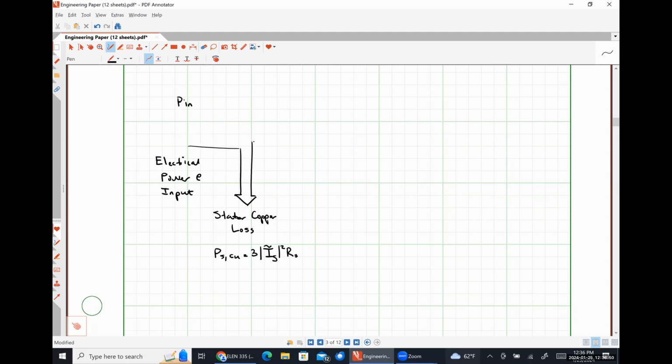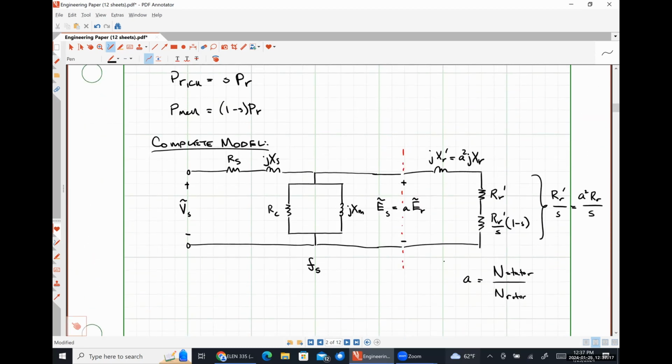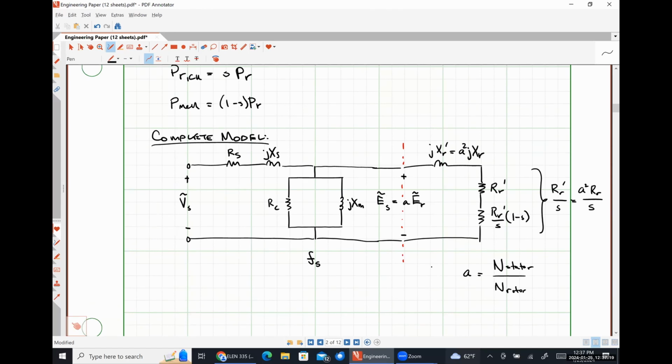Then we're going to have over here our core losses. I'll put our mathematical expression down here. So let's think about what these core losses might be.